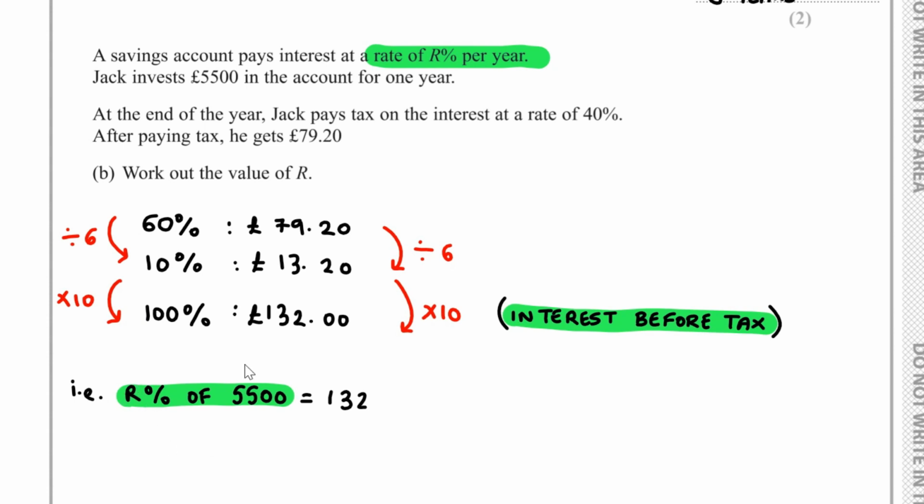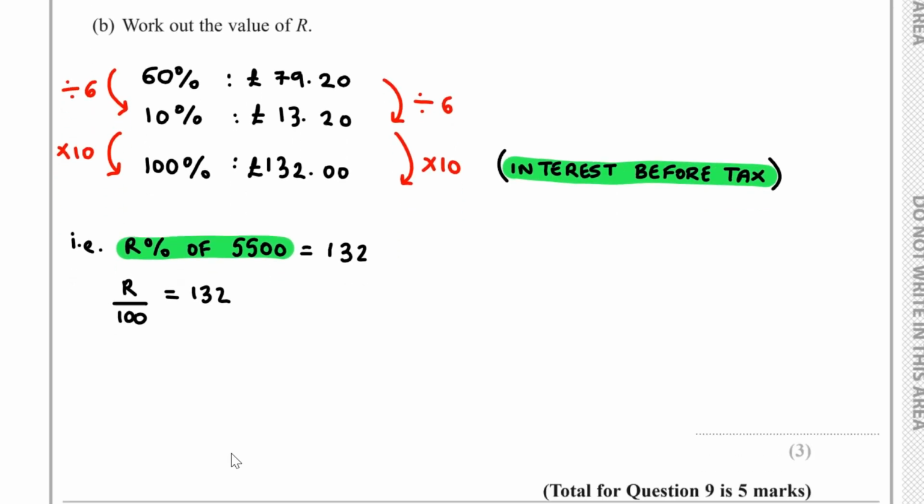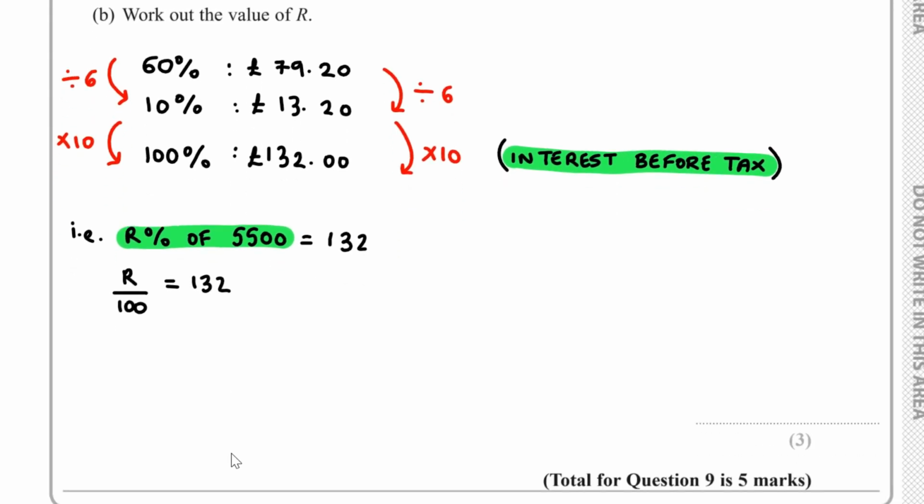So we need to find out what R is. Well, here we have R over 100 times by 5,500 equals 132.